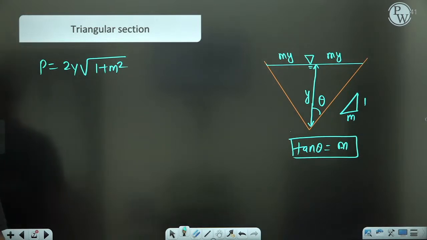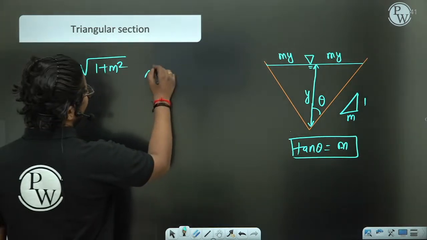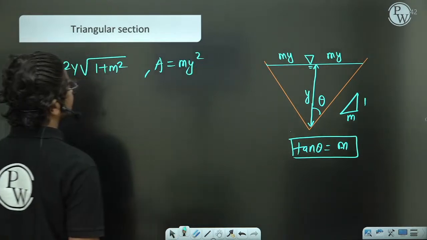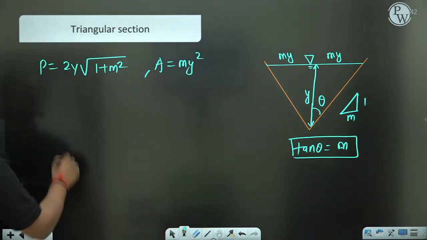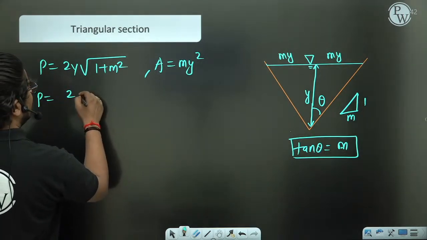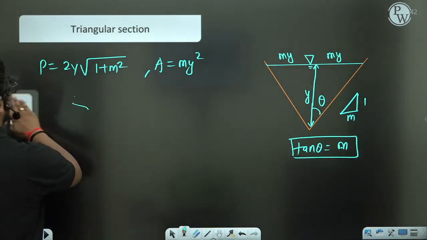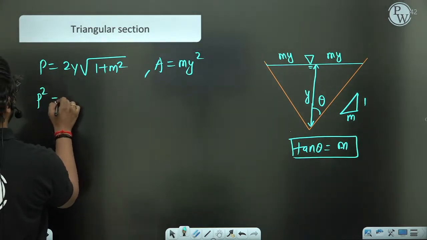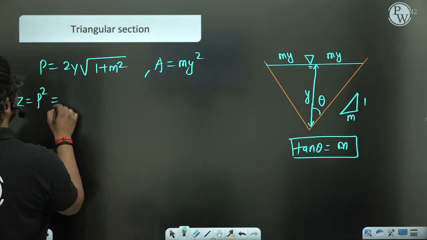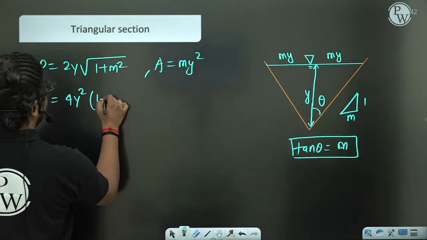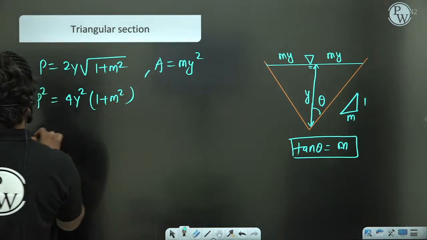Now area here will be my square. This part we have already discussed in channel geometry. You can take the square of the perimeter, let us say z equal to p square, it will be 4y square, and in bracket we have 1 plus m square.